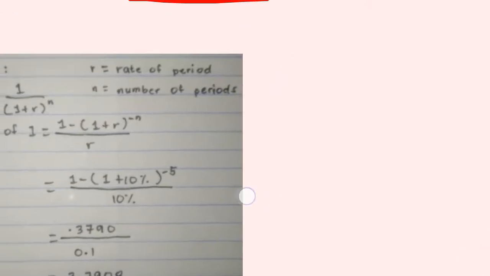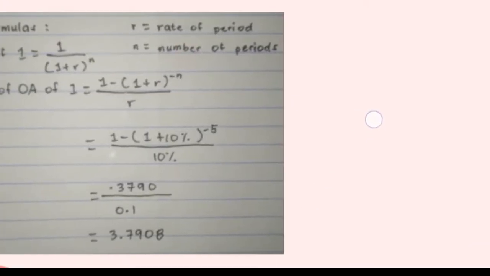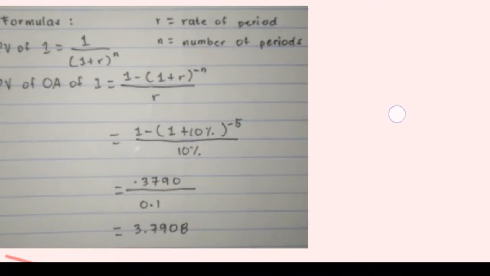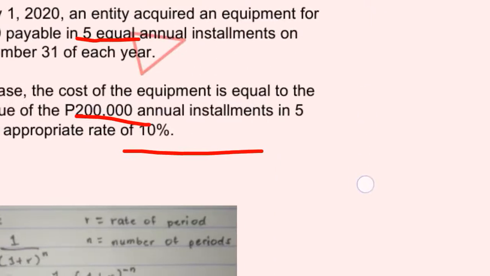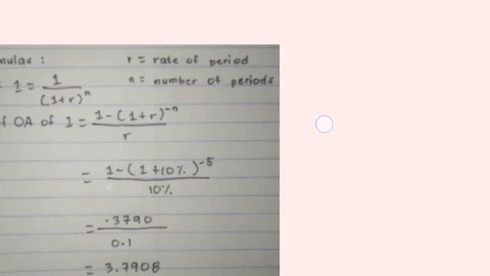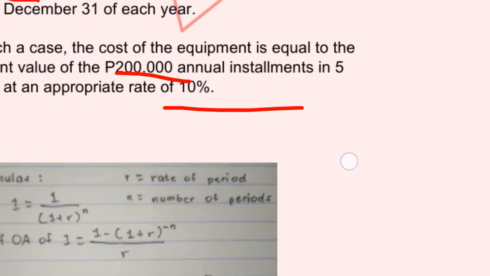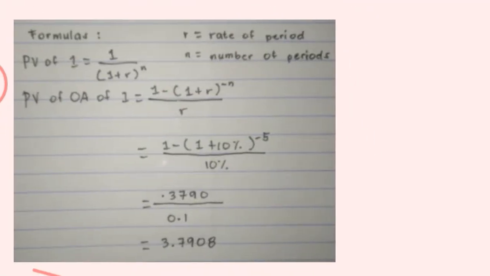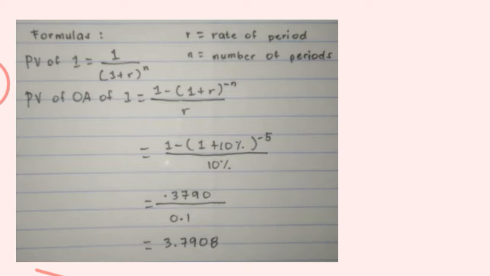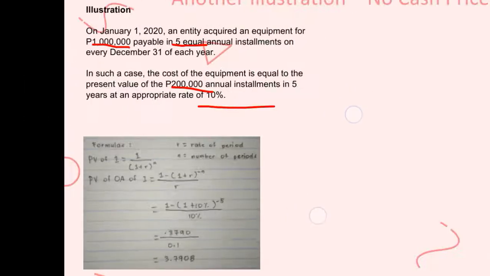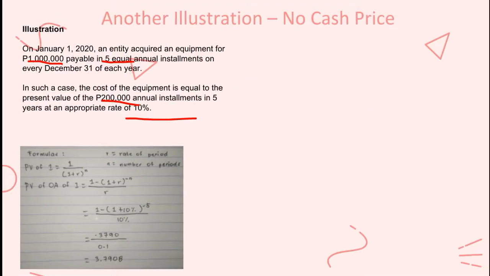Substituting the given values: 1 minus (1 plus 10%) raised to the power of negative 5, since n is the number of periods, which is 5 years, over the rate of 10%. If you calculate it, the result is 3.3790 over 0.1, and dividing gives 3.7908. That is our present value factor, not yet the present value amount.